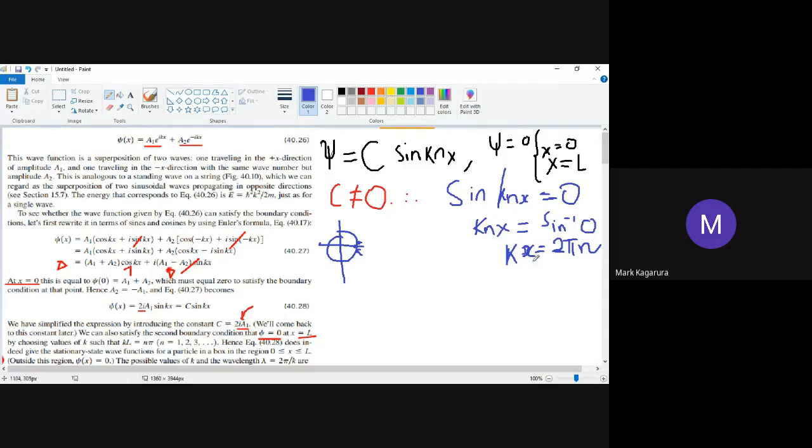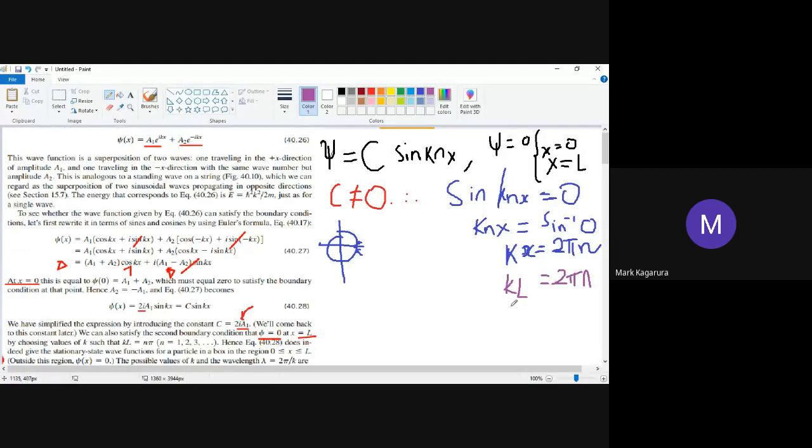We need solutions of x was 0. At x is equal to 0, we don't get a lot of information because that x is going to be equal to 0. So we get more information when x is equal to L, such that KL is equal to 2 pi n, and that second boundary.